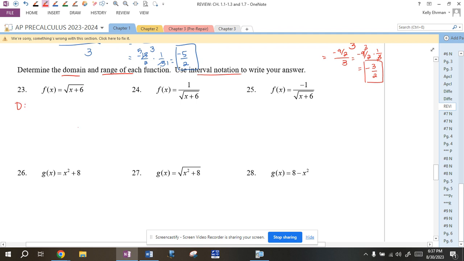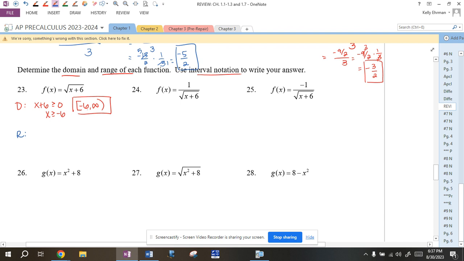First one here. This is a square root function, so x plus 6 needs to remain greater than or equal to 0, x greater than or equal to negative 6, so the domain is negative 6 to infinity. For a range, this is a square root function, and it's just a line underneath the square root function, right?